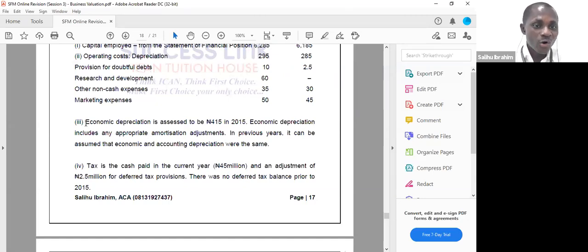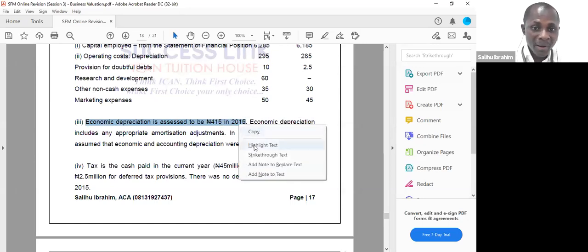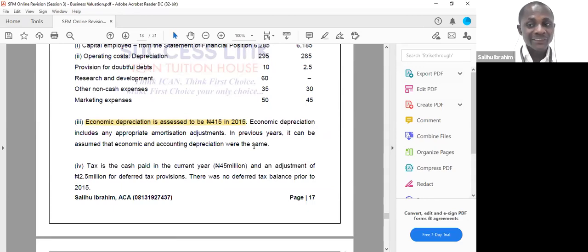Can you see? Economic depreciation is assessed to be 415 in year 2015. Remember that one of the adjustments I explained on this platform is the treatment of accounting depreciation and economic depreciation.